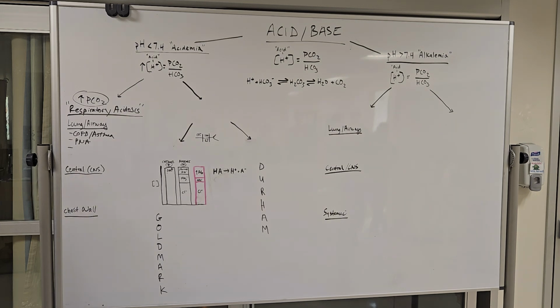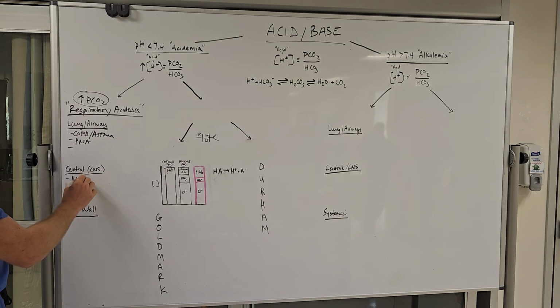Central CNS causes. Here I'm thinking of things that will make you hypoventilate, or not breathe enough to get off your CO2, so you retain CO2. What's a med we give a lot that reduces the ability to breathe, that causes us to hypoventilate potentially, suppresses our respiratory drive? Narcotics, yeah, perfect. So iatrogenic, narcotics.